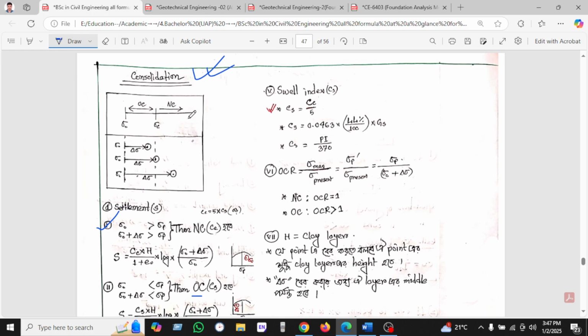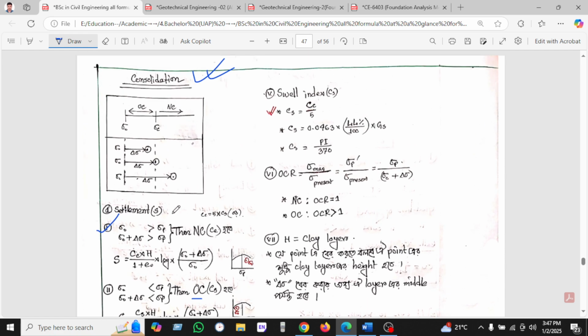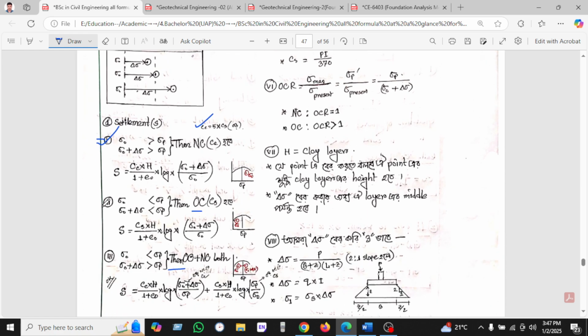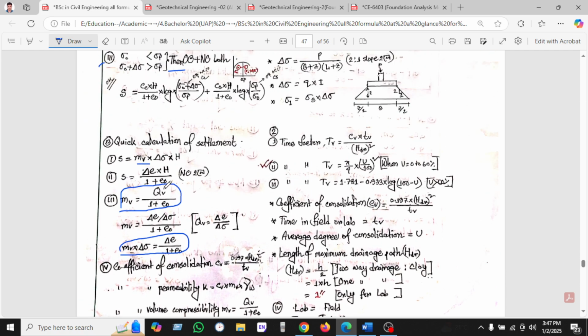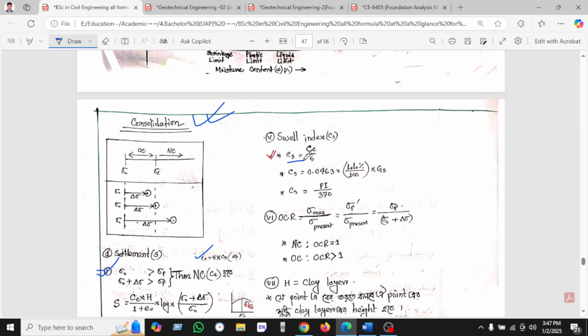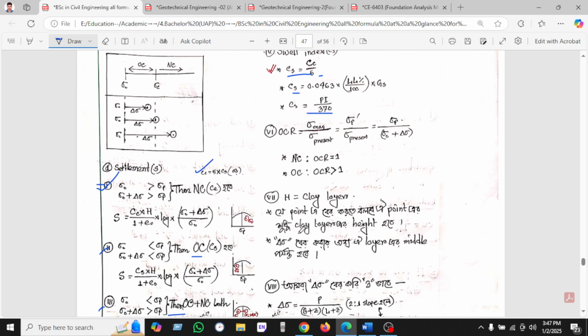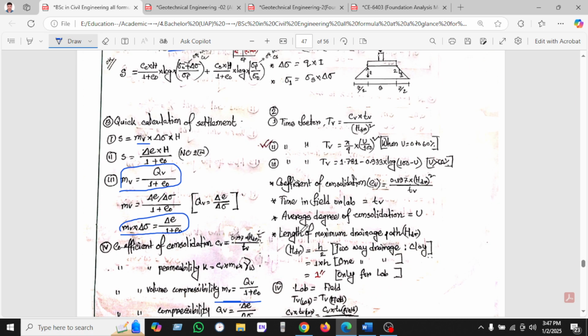Basically, we have already shown this formula. I will calculate this condition and this condition, and do a quick calculation for this.